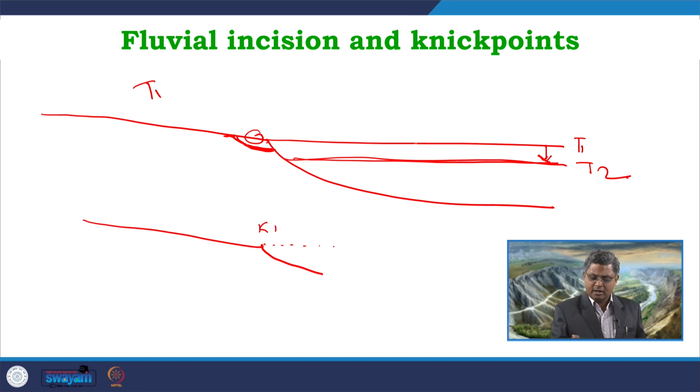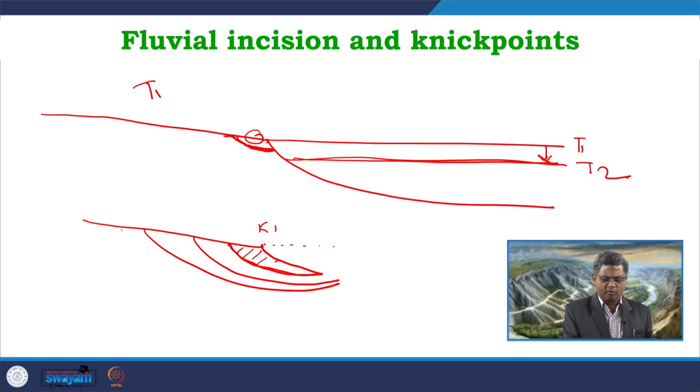Now, as the base level is falling further, the equilibrium profile has to adjust with this falling base level, and we can get a new nick point formed like this. So, this is the portion now eroded. We get this new surface formed, and in that way it will gradually go on.